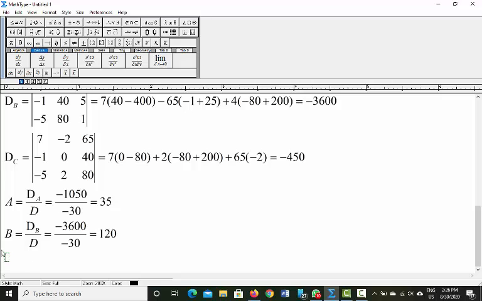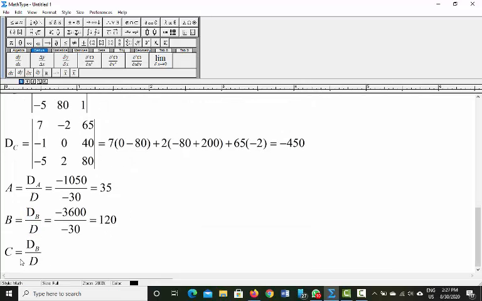So now we will calculate C. The value of C will be equal to dC divided by D. So here dC is what? dC is minus 450.